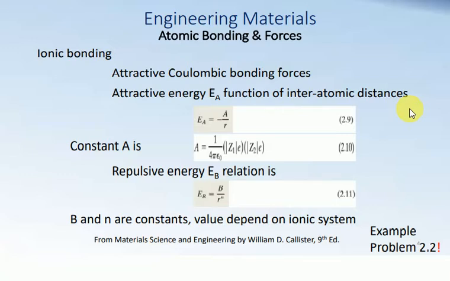Remember again that A here is not atomic mass, and it is not atomic number, but A is a constant that is determined by this formula, and in this formula Z is the number of valence electrons for the two atoms in the bond. So Z1 for example for sodium and Z2 for chlorine. In this case Z1 and Z2 are 1 for both sodium and chlorine.